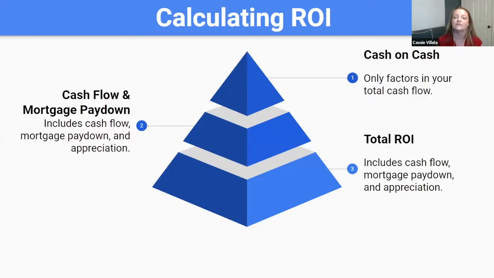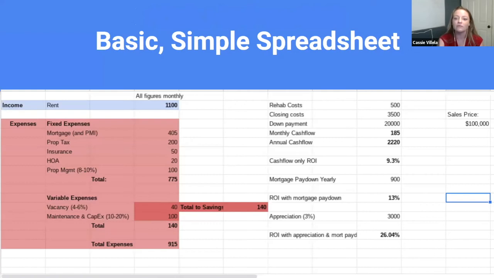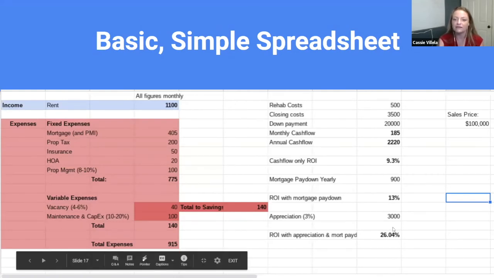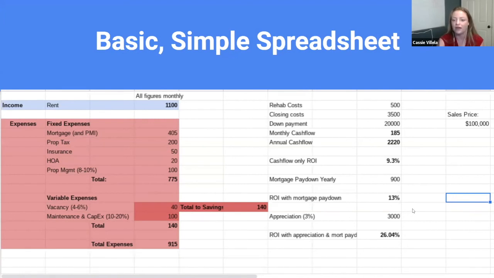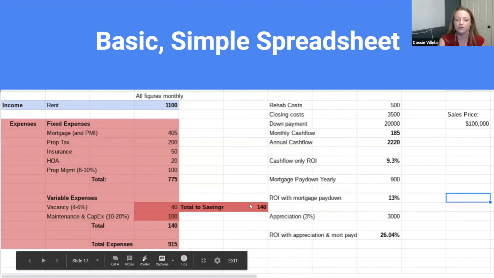And then, so here are the different types of ROI. If you look at my spreadsheet here, I've got 3 different tiers of ROI that I look at. So I've got the cash flow only, the mortgage pay down ROI, and ROI with appreciation.